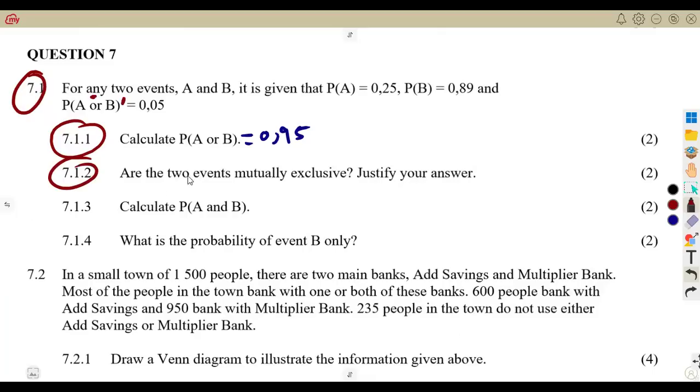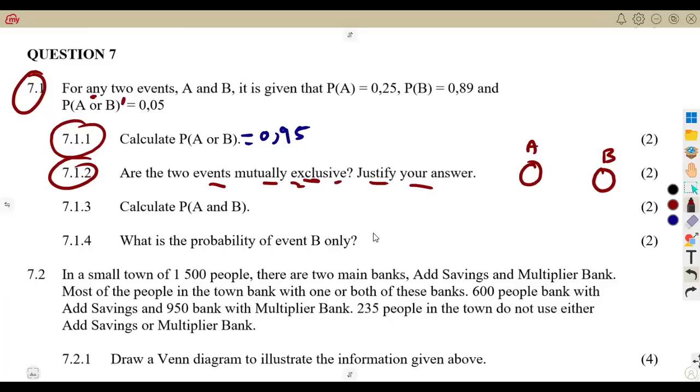7.12. Are the two events mutually exclusive? Justify your answer. If two events are mutually exclusive, those are events which are separate. A on its own, B on its own. That is mutually exclusive events.